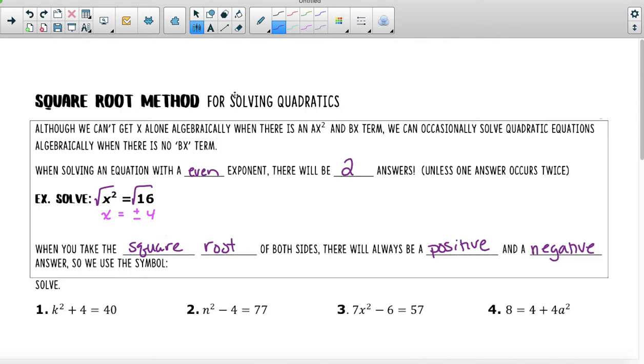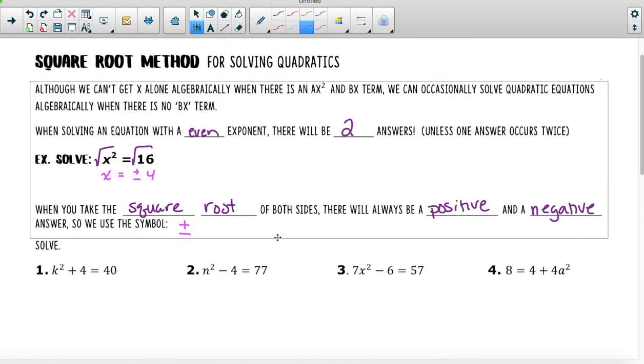So we actually use the symbol and we call it plus or minus. It's written as a plus sign on top and then a minus sign on the bottom. So this is called plus or minus. And this happens when there's no bx term. So what we want to look at to see is, do we have a bx term?